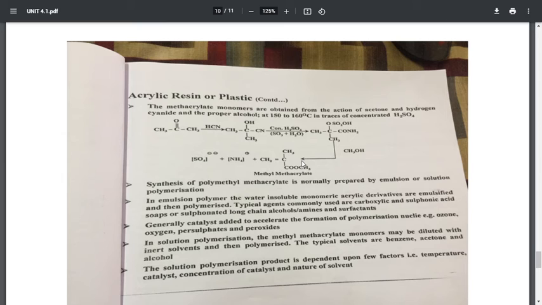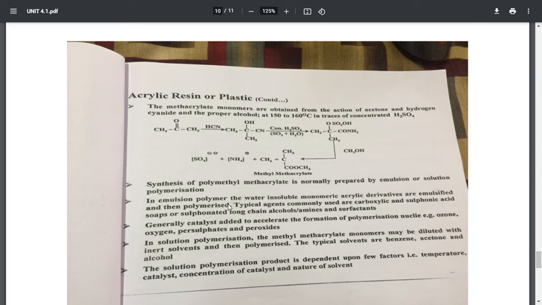Synthesis of polymethyl methacrylate is normally prepared by emulsion or solution polymerization. In emulsion polymerization, the water-insoluble monomeric acrylic derivatives are emulsified and then polymerized. So what is the monomer in this case? While preparing polymethyl methacrylate, acrylic derivatives. So they are emulsified and then polymerized.